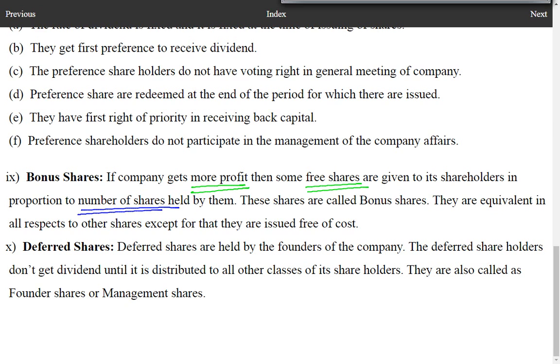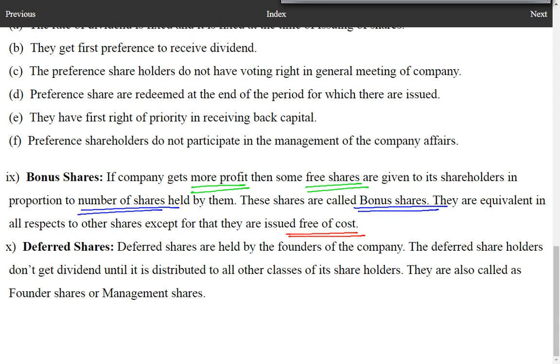These shares are called bonus shares. They are equivalent in all respects to other shares except for the fact that they are issued free of cost. They are issued in proportion to number of shares that shareholders hold.